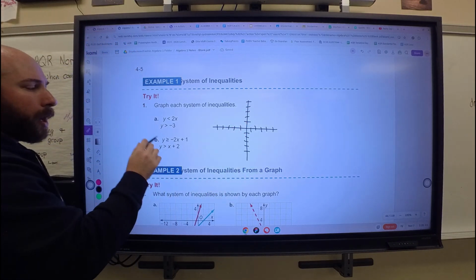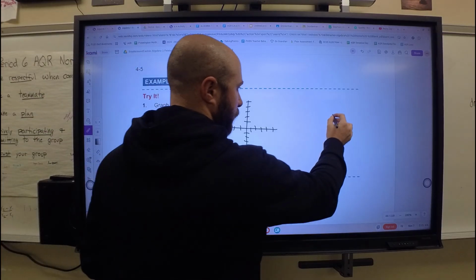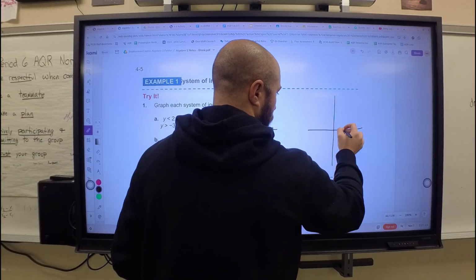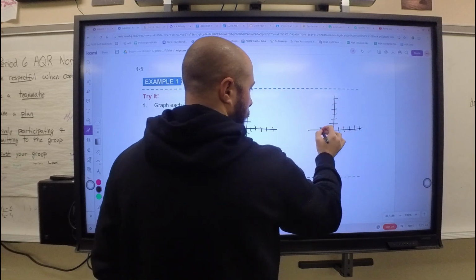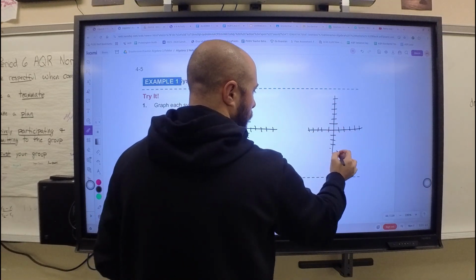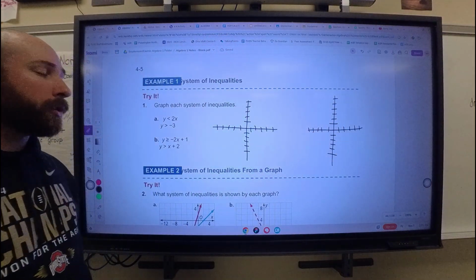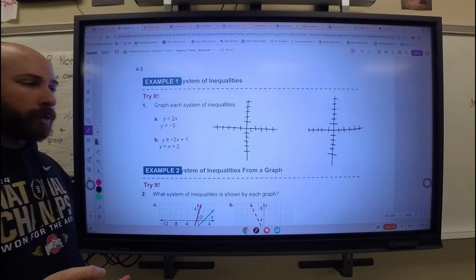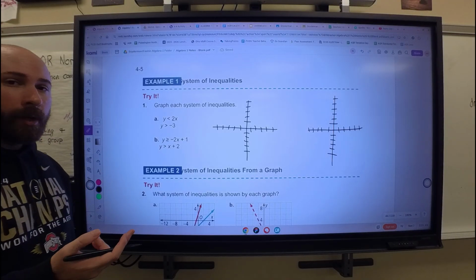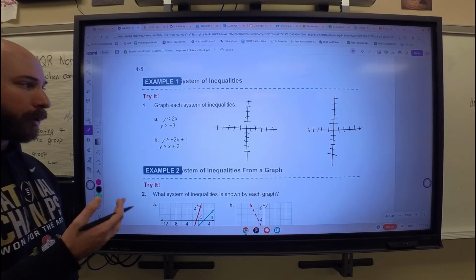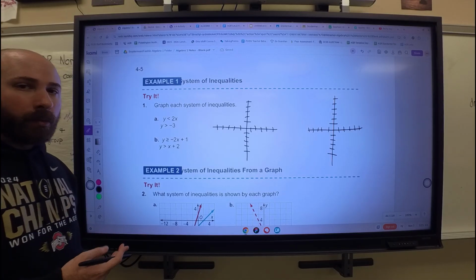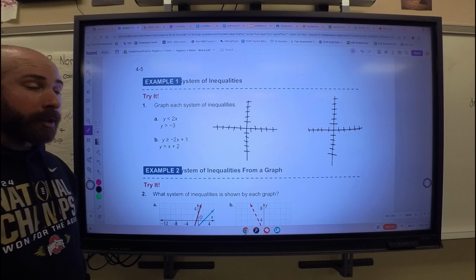I'm actually going to use Desmos in order to see where these points need to be, because remember, Mr. Gerke showed you how to use Desmos in order to graph these inequalities. So we can use that from here on out, especially with a system of inequalities or a system of equations.